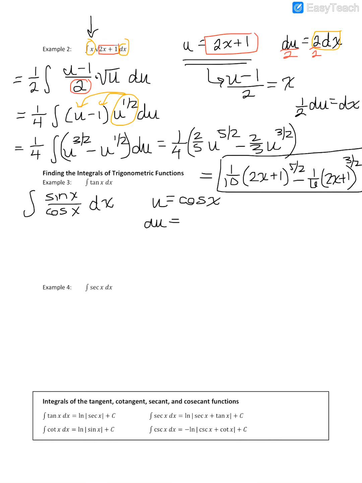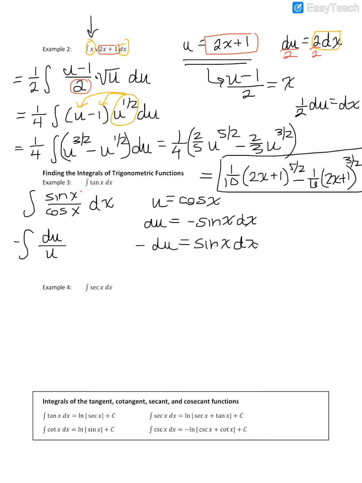So my du is negative sine dx. And that's not a big deal. We'll just add a negative in when we substitute. All right, so we have a negative now, and this becomes du over u.